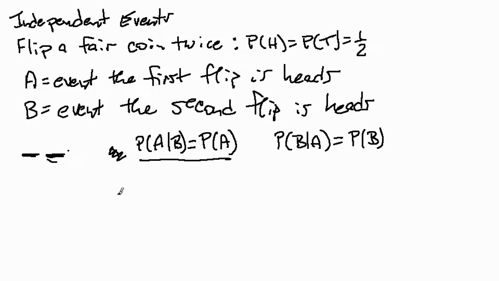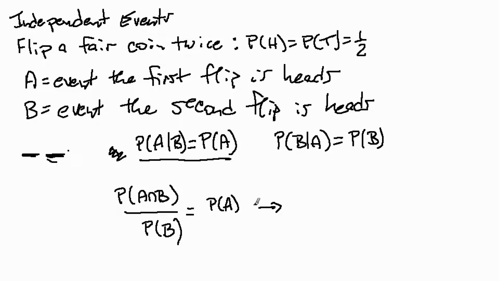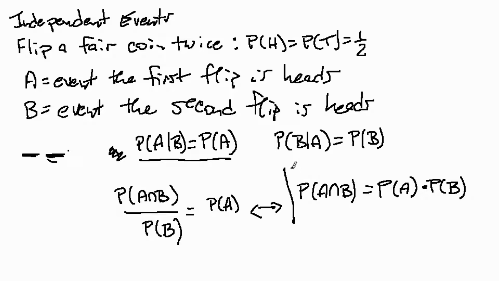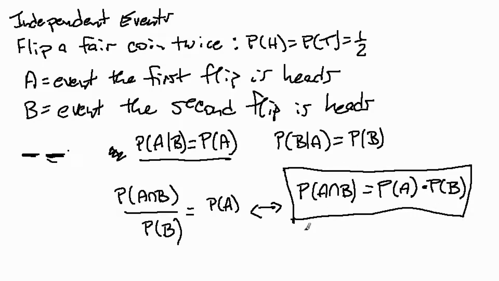The probability of A given B is the probability of A intersection B over the probability of B, and we're saying that's equal to the probability of A. Multiplying both sides by the probability of B, the probability of A intersection B is equal to the probability of A times the probability of B. And that is our definition of independence.